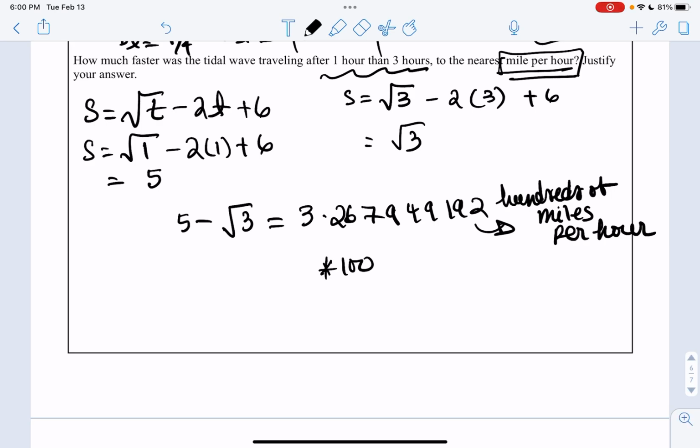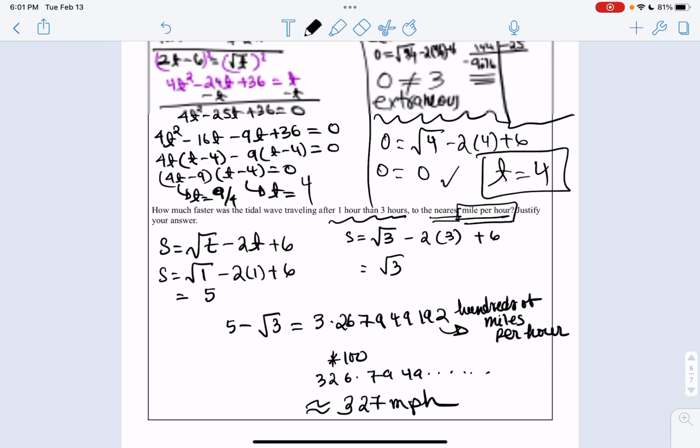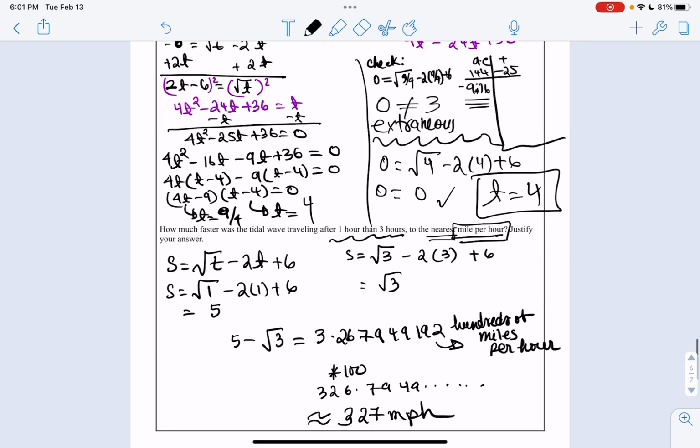That moves the decimal 2 places to the right, and that gives us 326.7949. They said nearest, so we have to round it to a whole number, which is approximately 327 miles per hour. Okay, jot down all the notes you see, and if you have any questions, you could bring it to class.